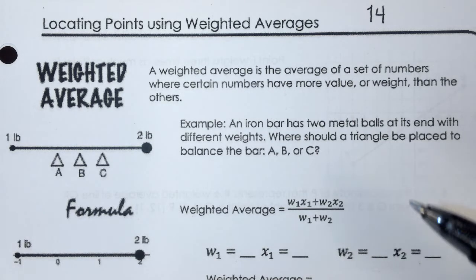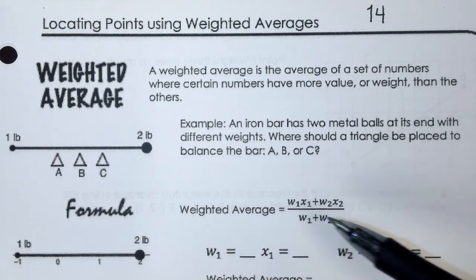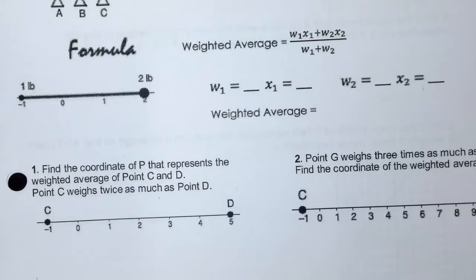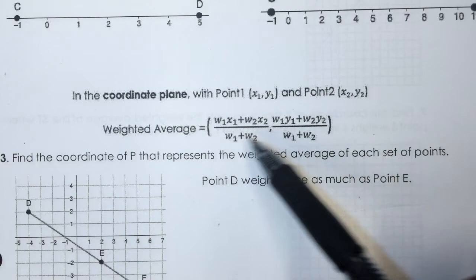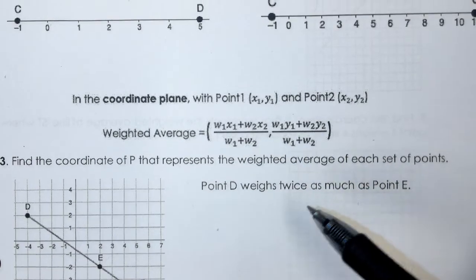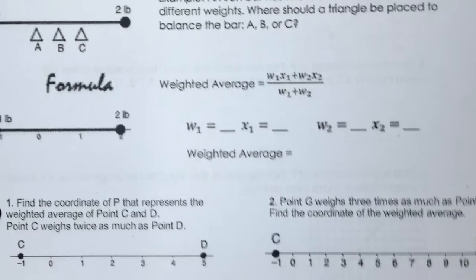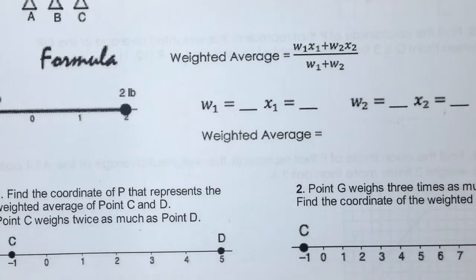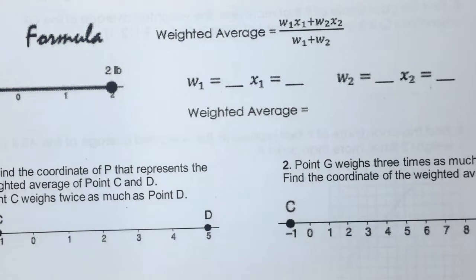But with weighted average, you have to use the weights. It's essentially the same, except you're multiplying by a weight in front of your numbers.